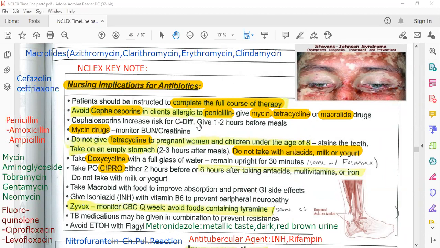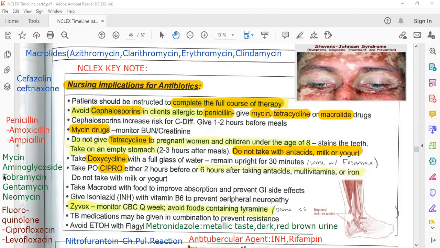So the question comes: what are the other notes we have to know about cephalosporin? Give it 1 or 2 hours before dinner or lunch. If your patient has to take a mycin, like an aminoglycoside, amikacin, or neomycin, what do we have to know about this?